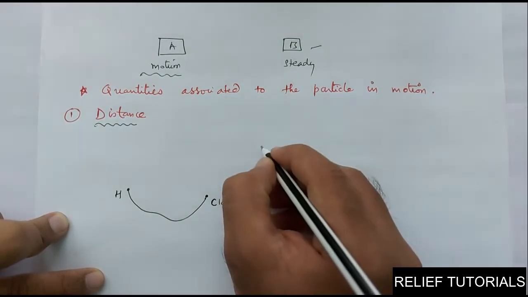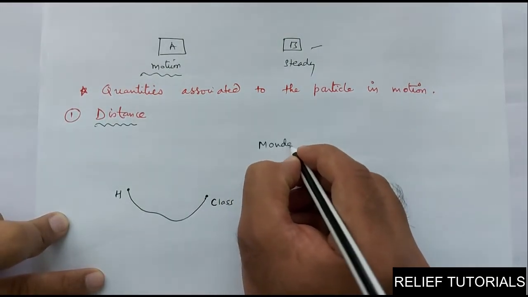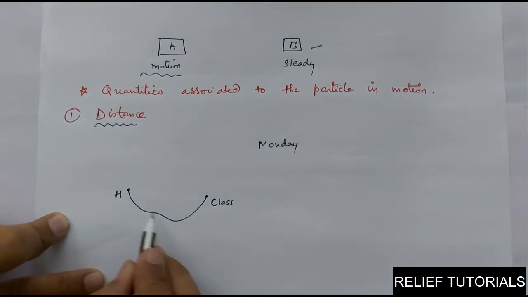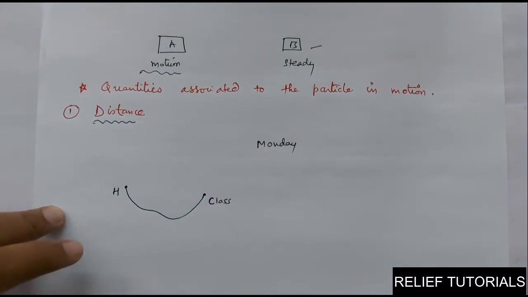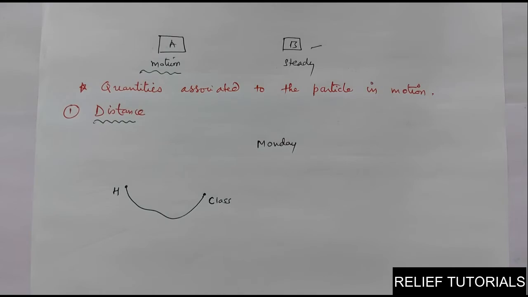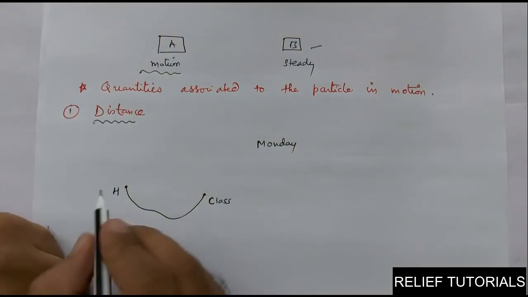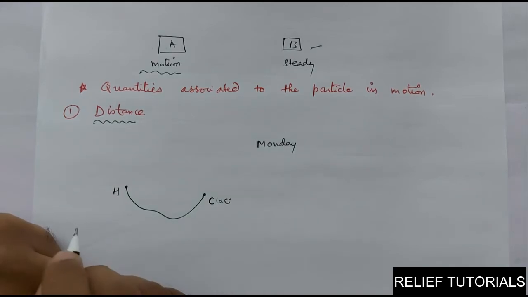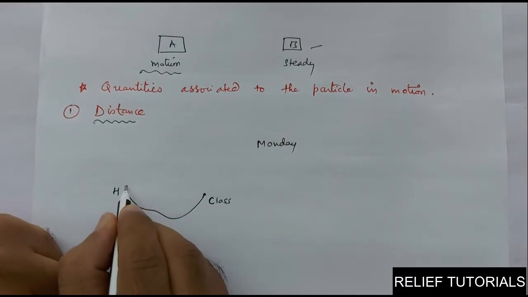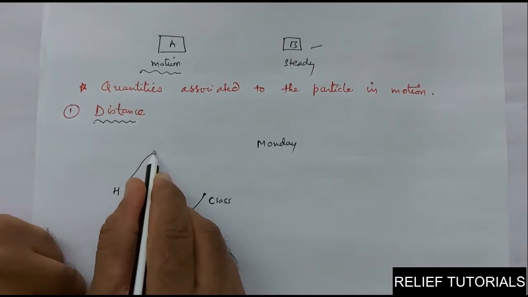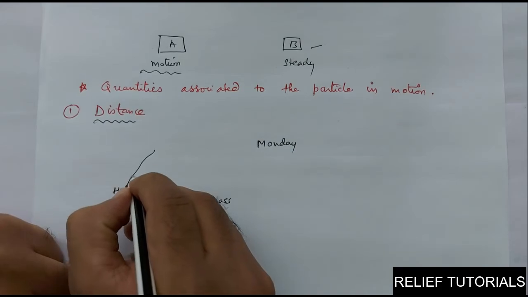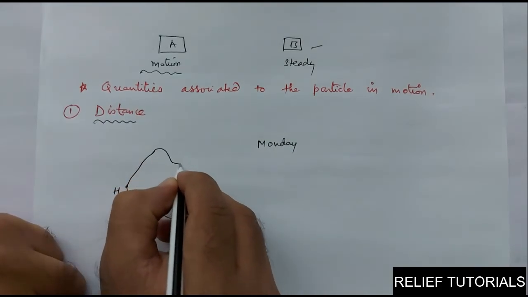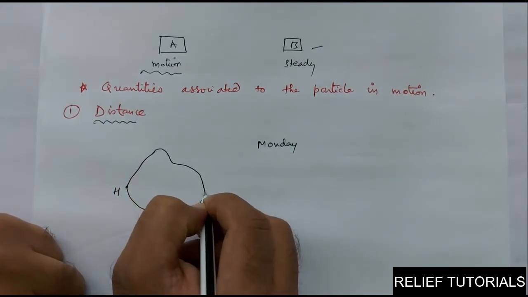Okay, let us say on Monday you have taken this route to come to class. Tuesday you have not taken the same route because there are always a number of paths available to reach the destination. You go to your friend's house first, pick up your friend and then came to class like this.